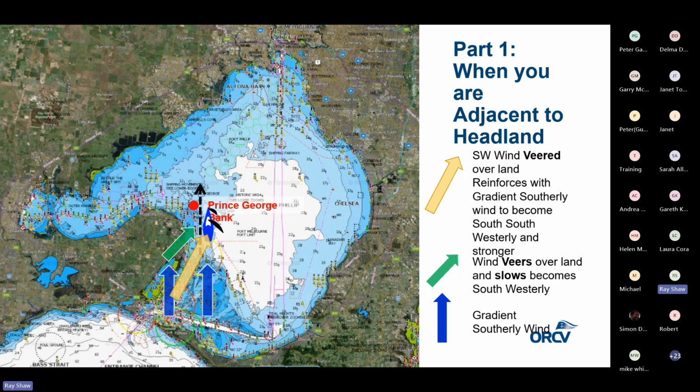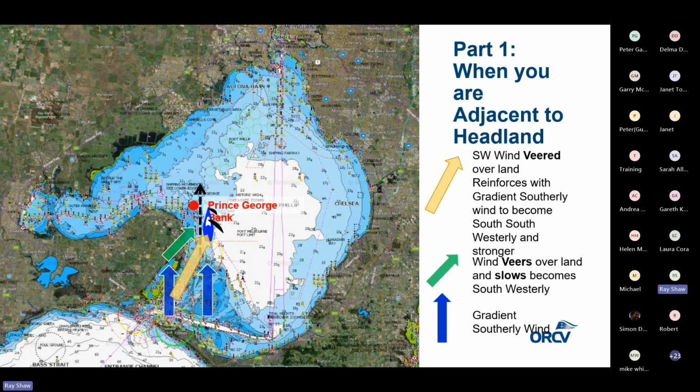The southerly breeze as it's blowing over the land will slow down, and it will have a slightly different direction, as I've shown here. And if you add the green and the blue together, you get the yellow, the net effect of the wind. So it's both stronger and slightly different in direction as you go past the Prince George Bank.